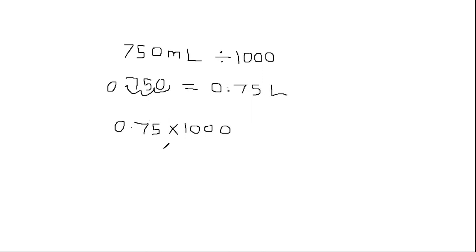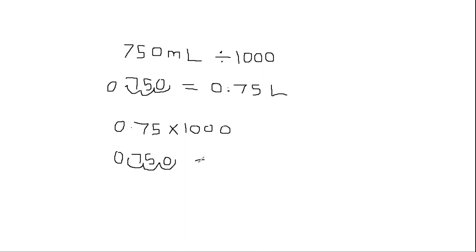So then I take my 0.75, my beautiful 0.75, and I take my decimal point and go 1, 2, 3. Wherever I jumped and there's nothing, I put a 0.